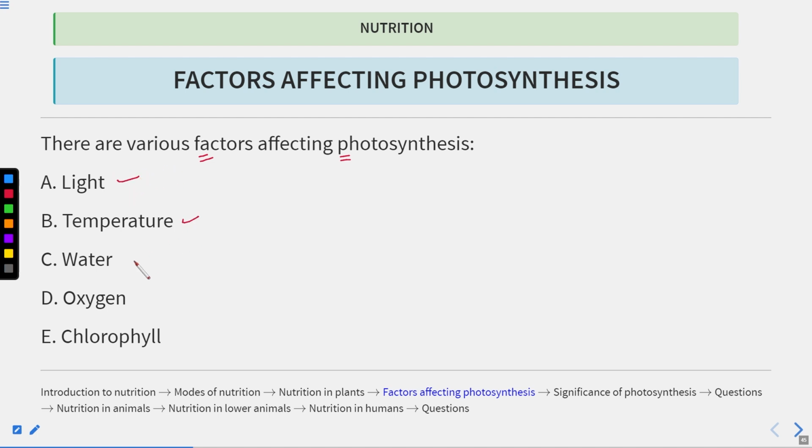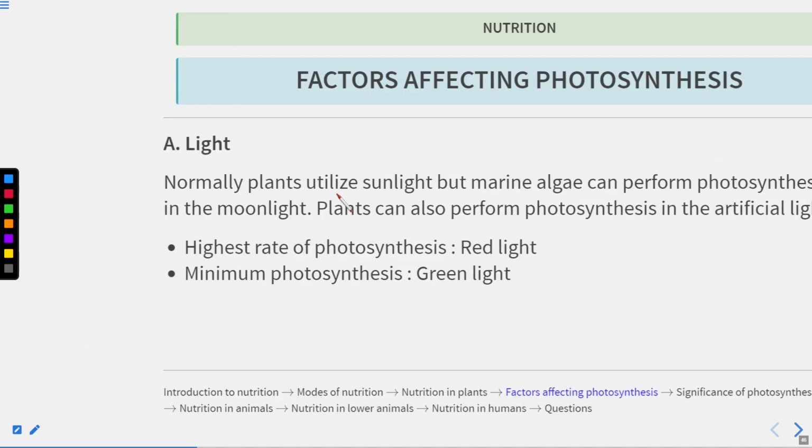Light, temperature, water, oxygen. These are the external factors, and chlorophyll is the internal factor, or you can also say plant associated factor, and the rest are external or extrinsic factors.